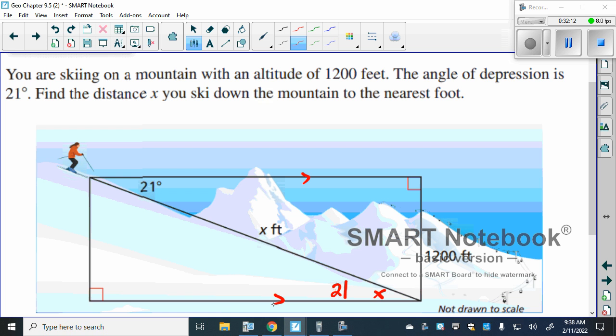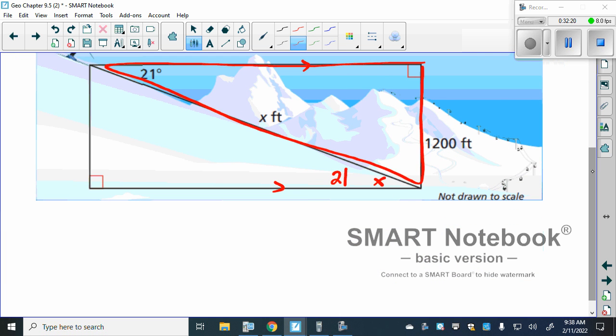Well, but we still have a triangle right here. And we know the opposite side length, so we can say sine of 21 degrees is equal to opposite over x.